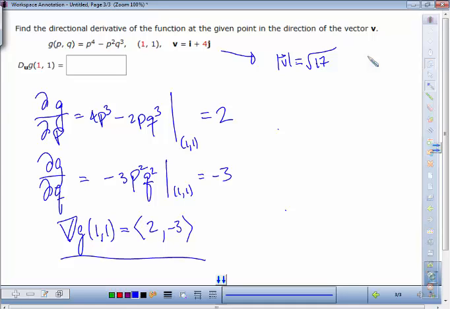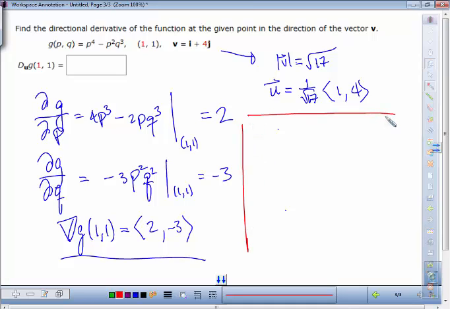And that's just going to be a denominator for your unit vector. So a unit vector now is going to be 1 over square root of 17, times (1, 4). You can put that under a fraction, or you can just leave it outside. When you dot things with scalars, remember those scalars just move outside. It's one of those rules that we have.